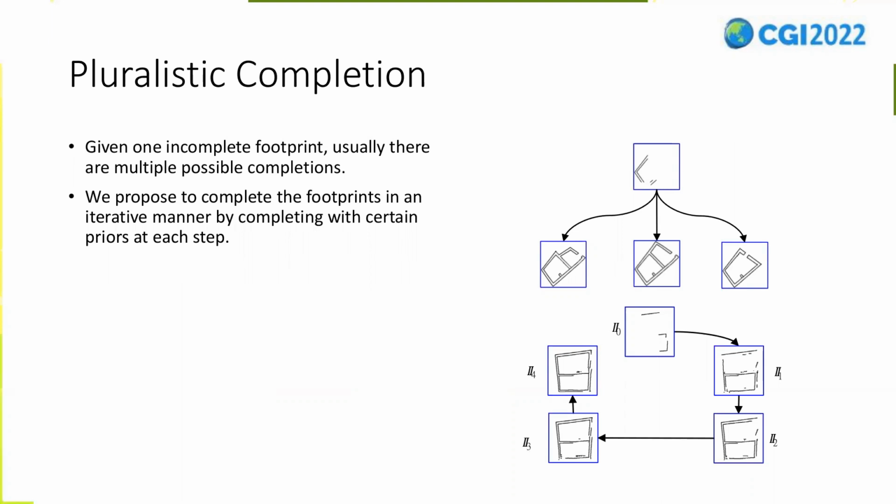In this figure, we show three possible versions for the top incomplete structure. We propose to complete the footprints in an iterative manner by completing with certain priors at each step. This iterative manner is illustrated in the second figure.